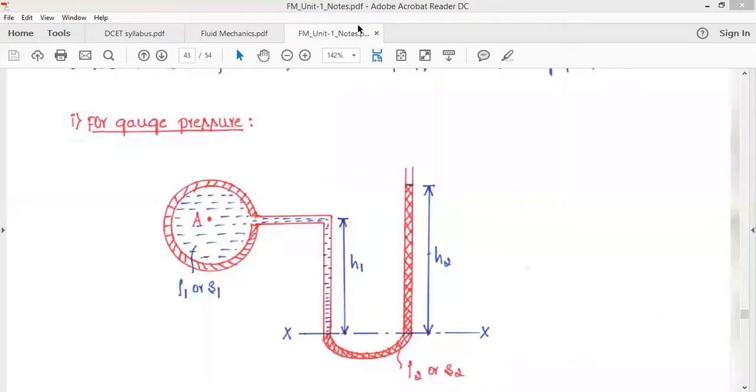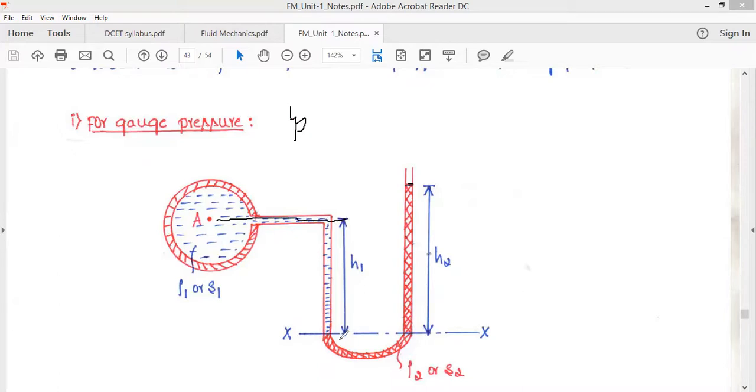Now let us start from the point and end at the axis. Here also start from this point and end at the axis. What is the pressure at point A? That is PA. Now pressure doesn't vary along the horizontal axis, therefore till this point the pressure is PA.